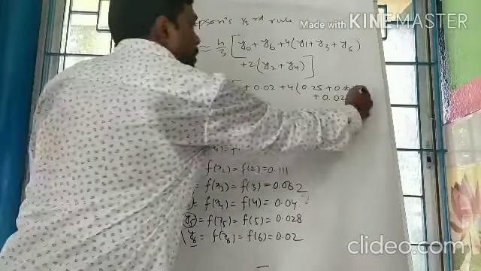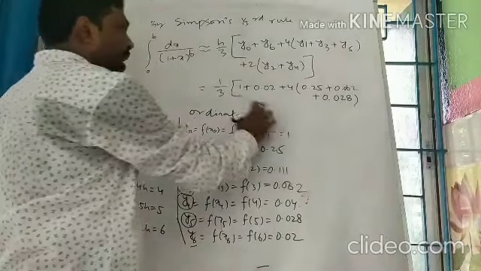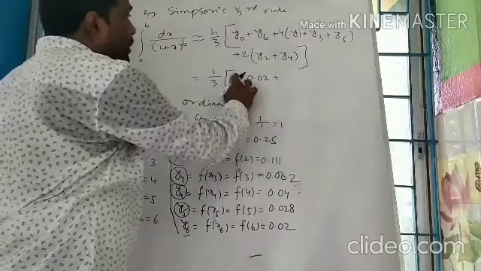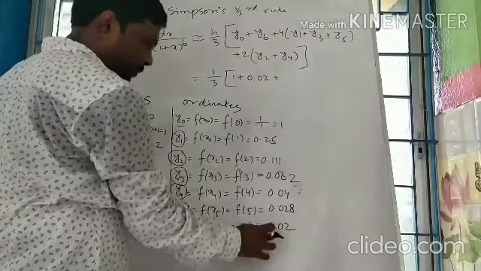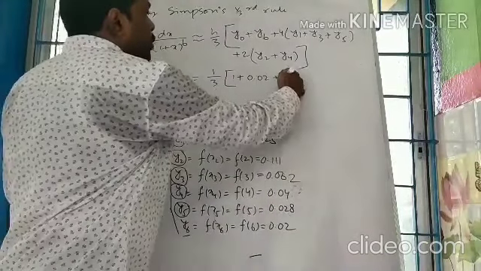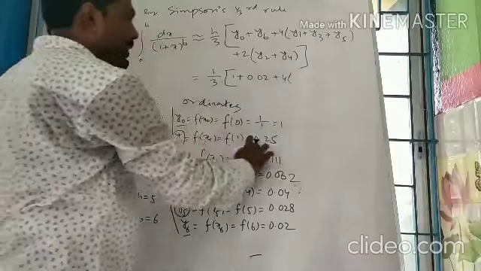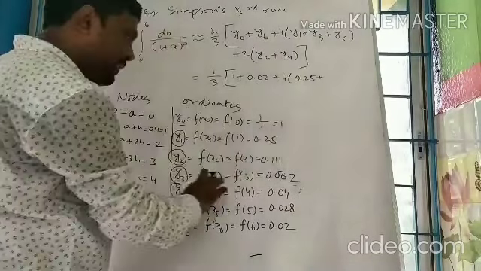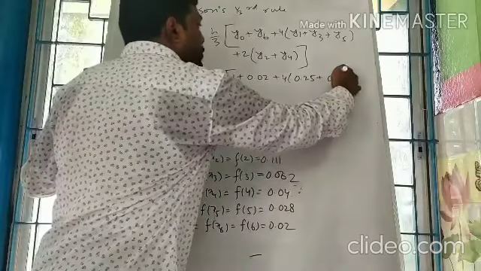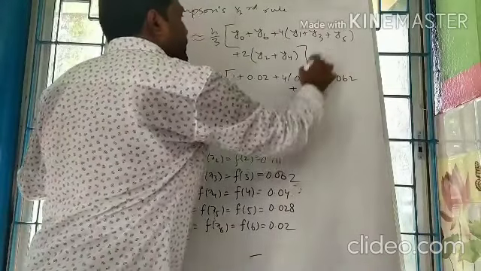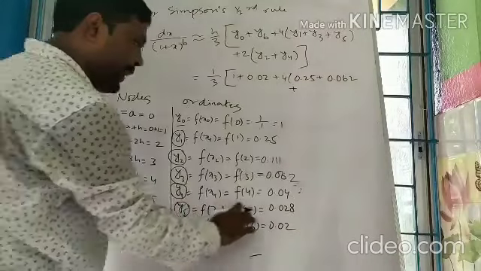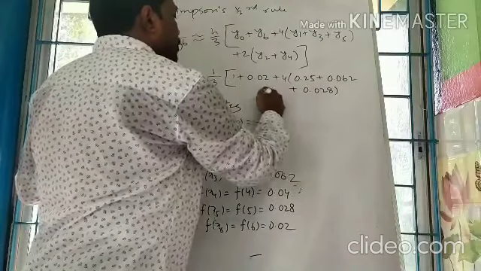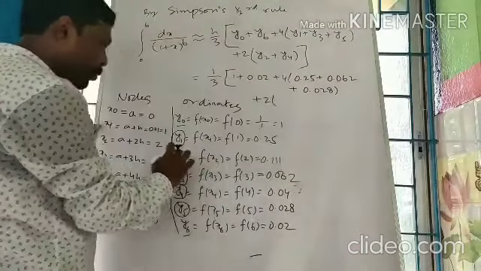0.028. Okay, y0 is 1. Now y0 is 1. y6 is 0.02 plus 4 into y1 is 0.25 plus y3 is 0.062 plus y5 is 0.028 plus 2 into y2. What is y2?